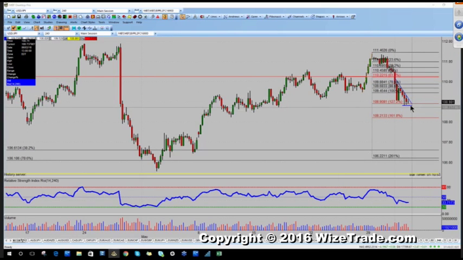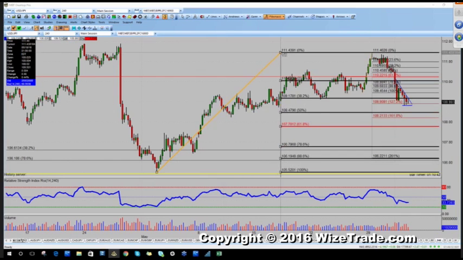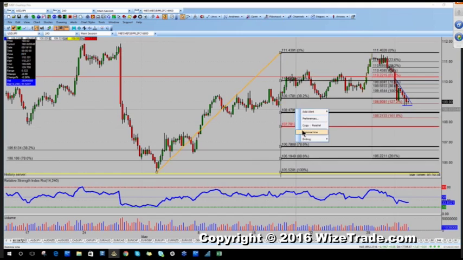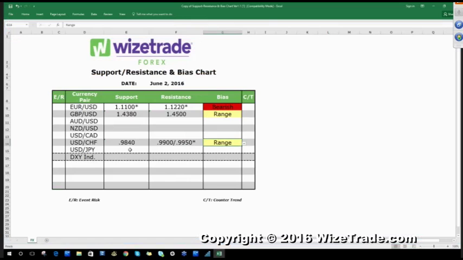So if we break lower, which I'm going to assume we do, 108.20 is the 161% extension. 108.20 is key support here on any dip.